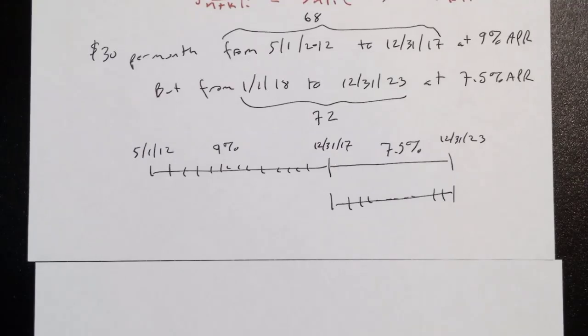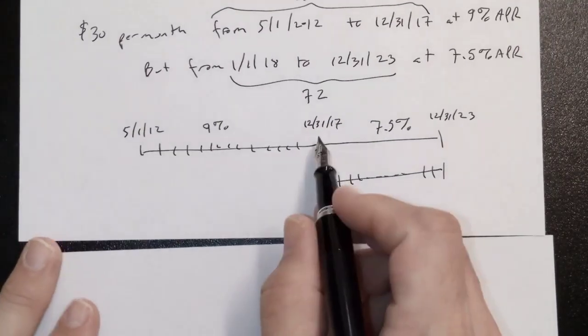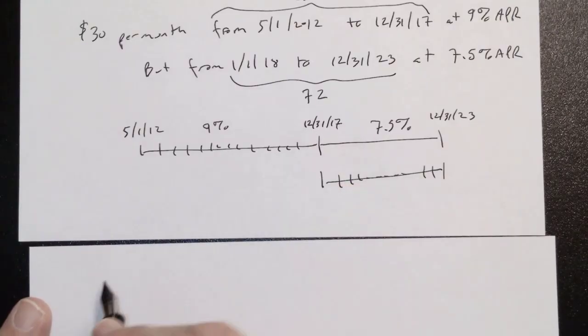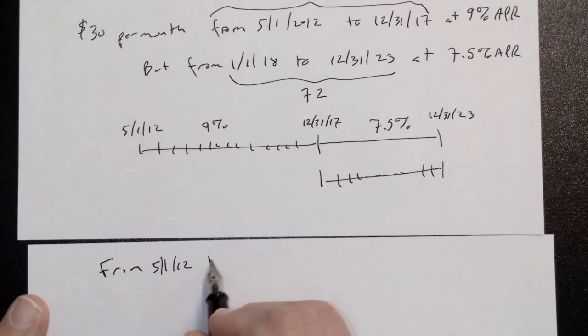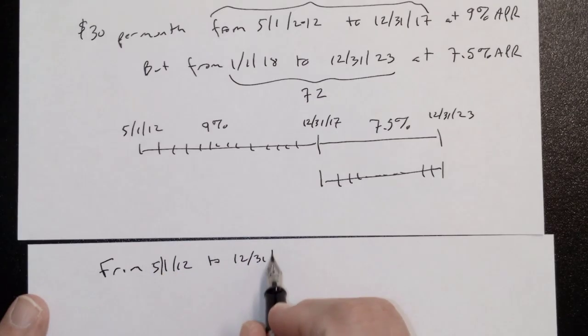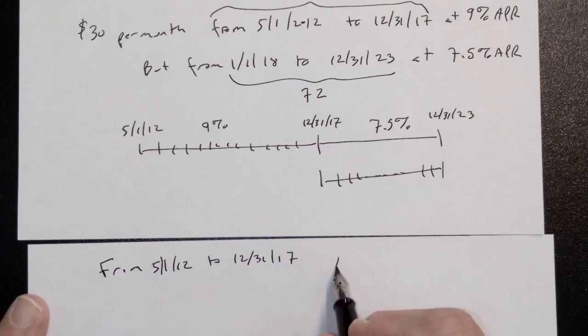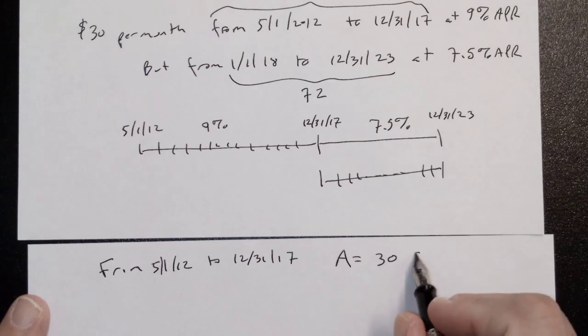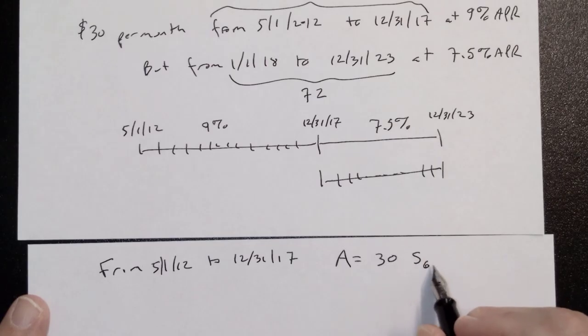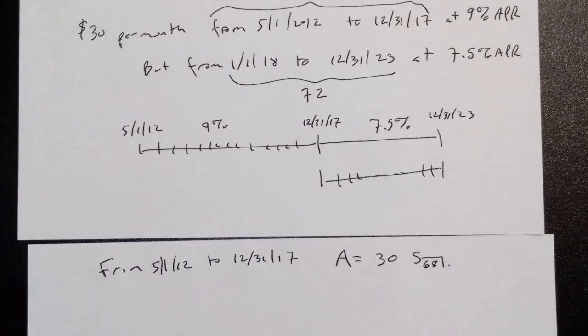So if I say, okay, we're going to do from 12 to 17, that's $30 a month, future value, 68 payments at what interest rate per month?